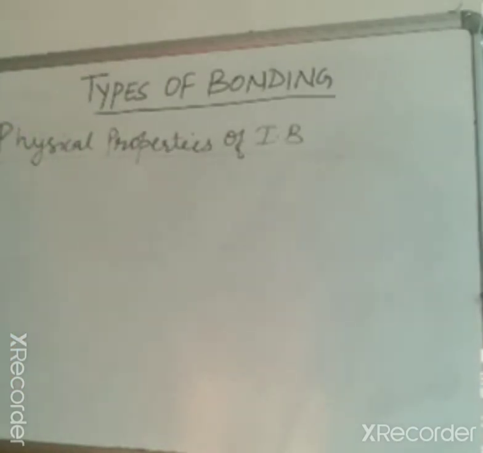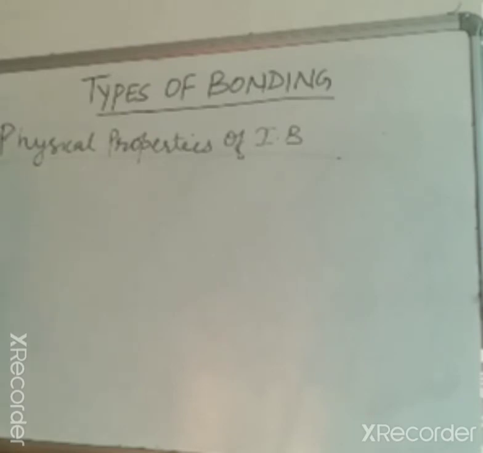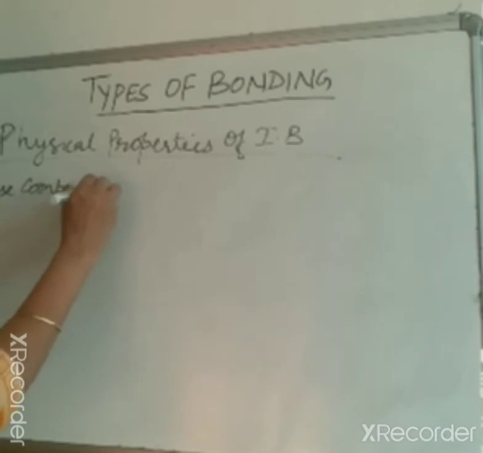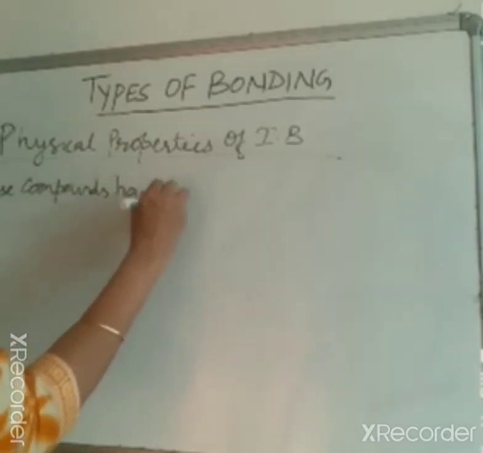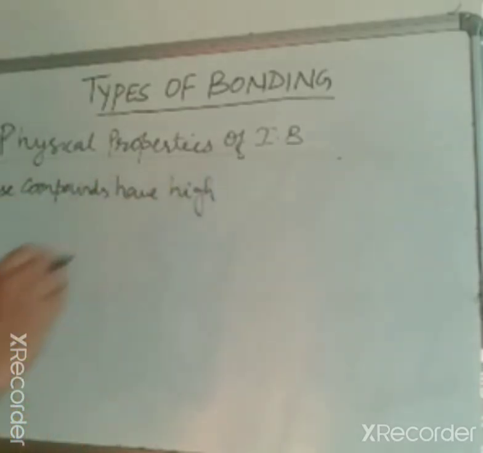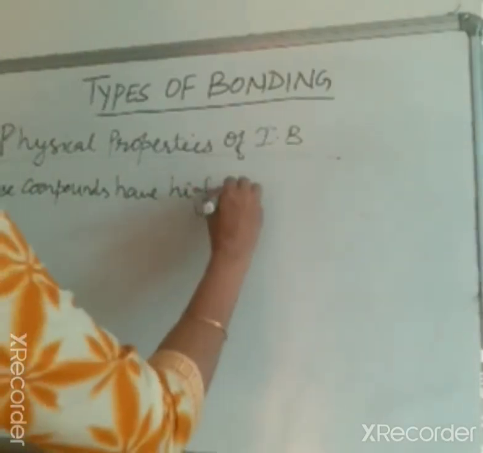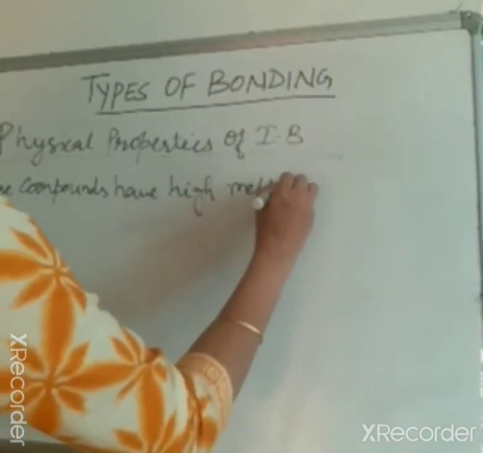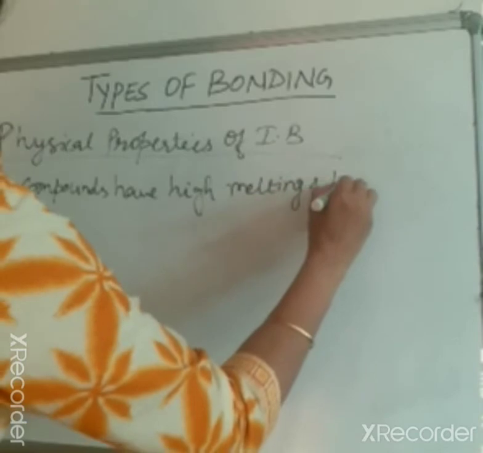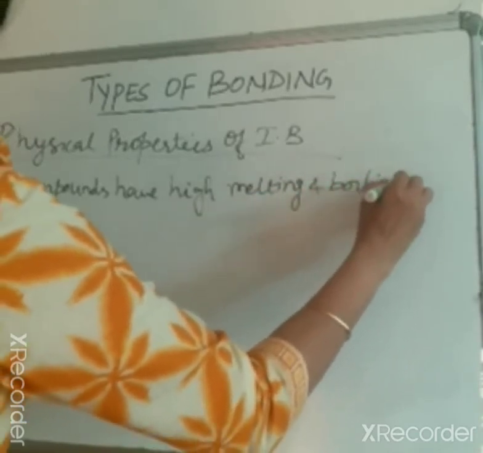First one is that the compounds formed with this ionic bond are known as ionic compounds. So these compounds have high melting and boiling points.